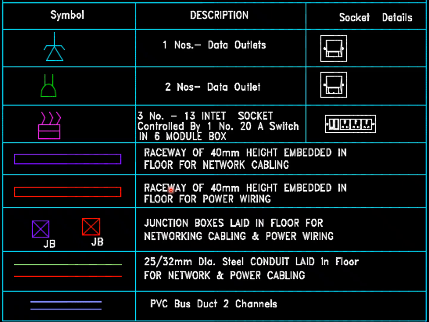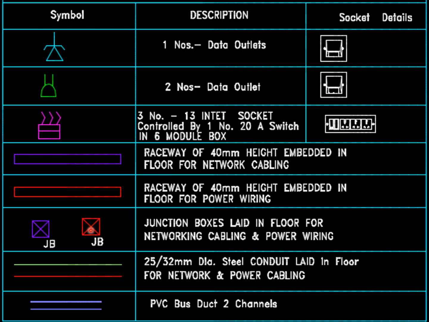These two are used in the false floor. And to join these raceways, we have a junction box. They indicate network cable and this one is power wiring.